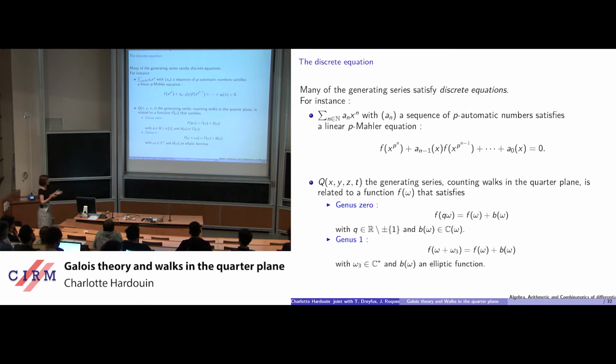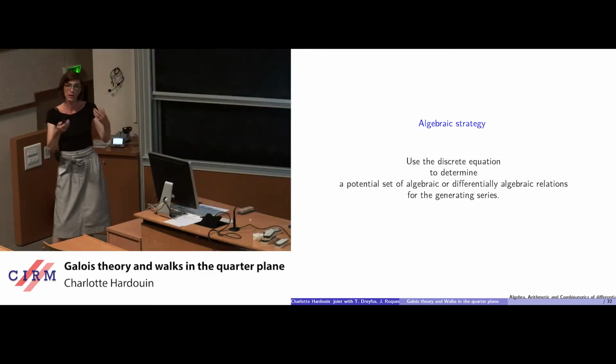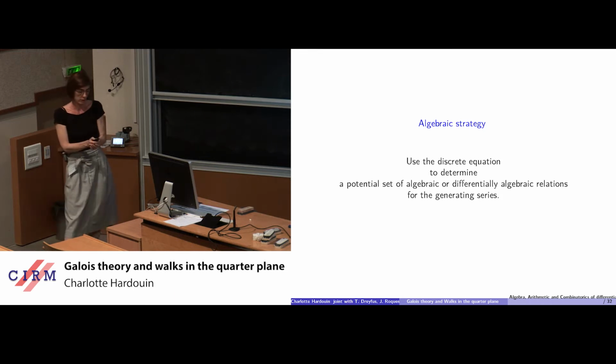So they are very simple discrete equations. Knowing this, the algebraic strategy will consist in using the form of the discrete equation to find constraints on the type of differential algebraic relation that the function satisfies.